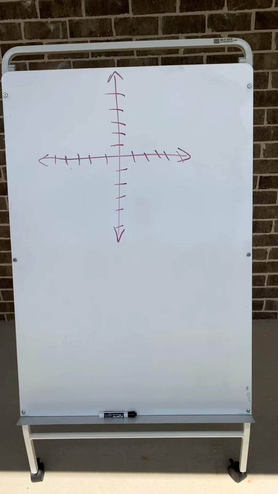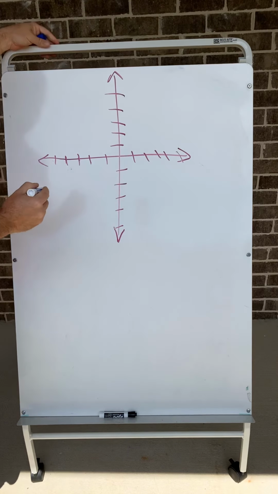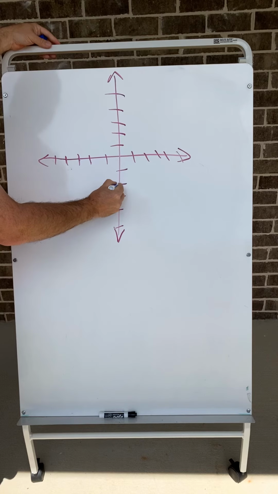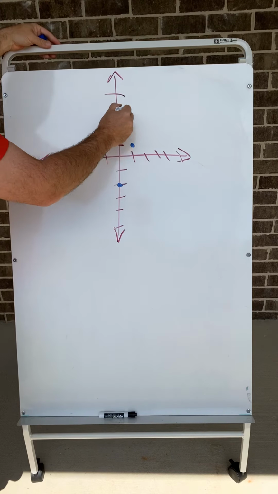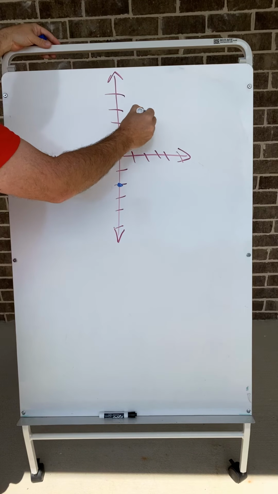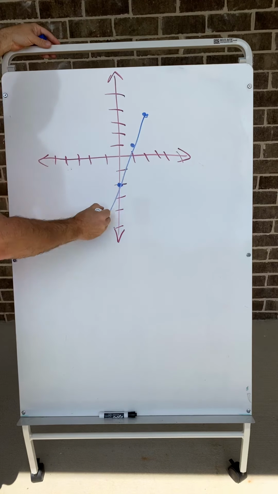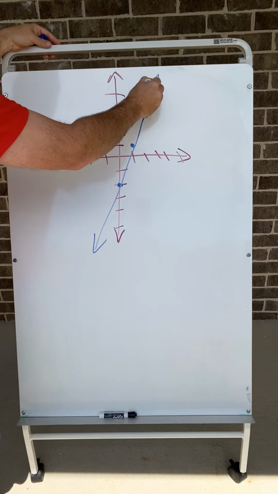Okay, so there's my graph. I'm at 5 every direction. There's my line.